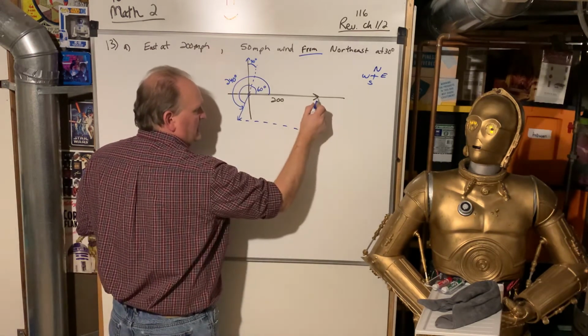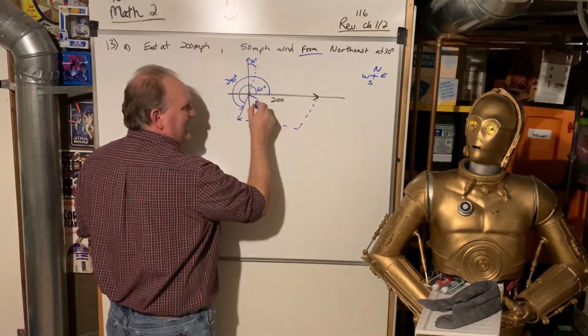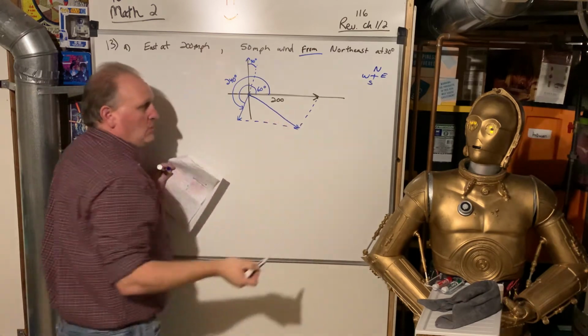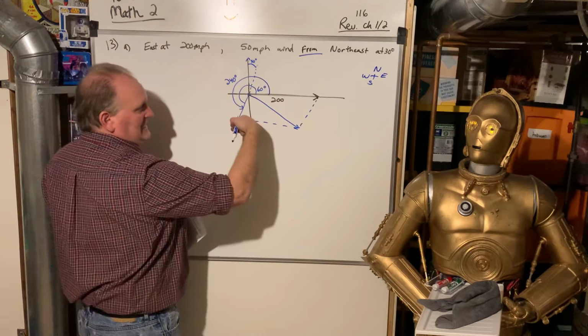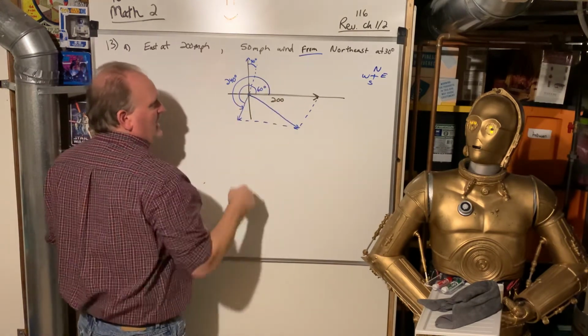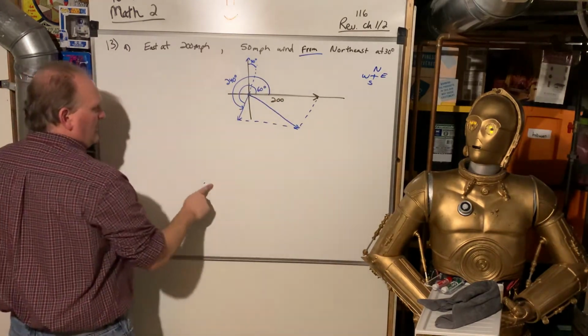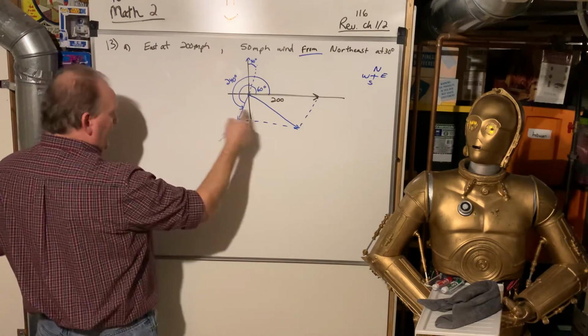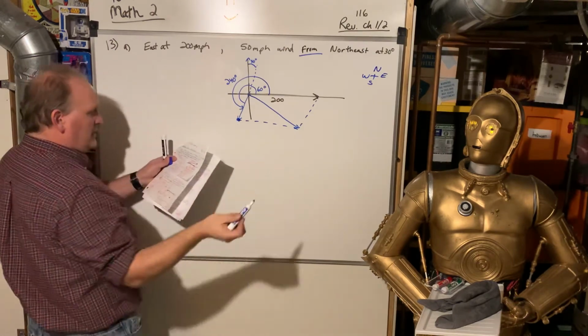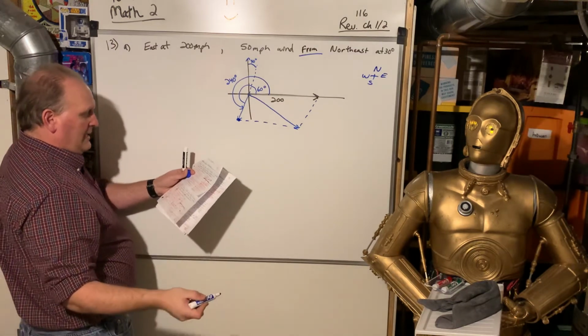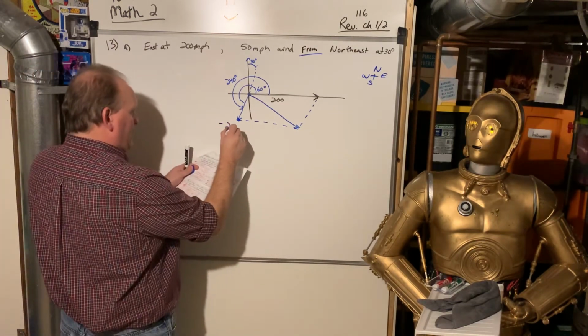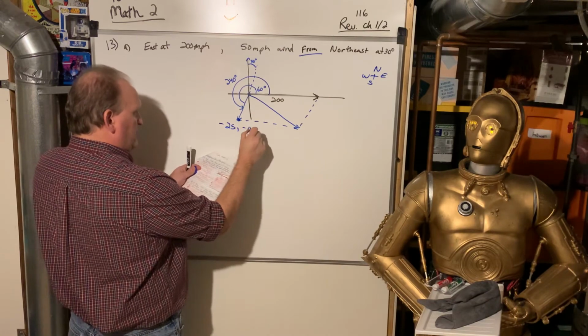And my plane is actually going to be slowed down. It's going to be going slower than 200 miles per hour now because the wind is kind of fighting it instead of pushing it in the same direction. And so we go ahead and figure that out. So you do the whole P to Rx and P to Ry, and you get negative 25, comma, negative 43.3.